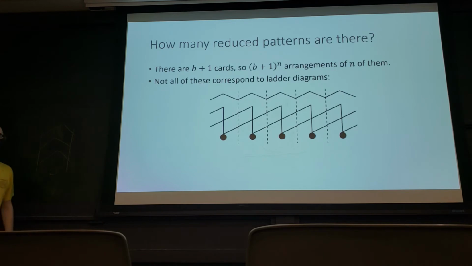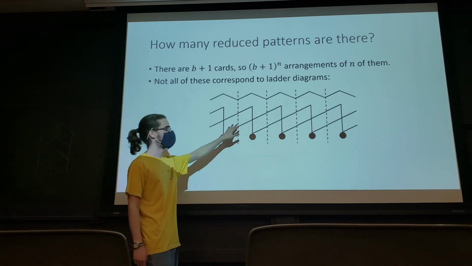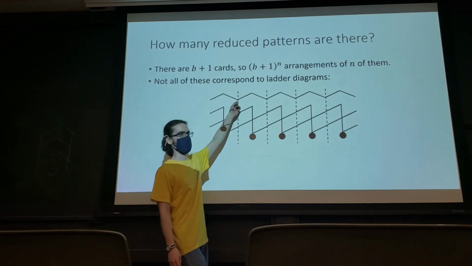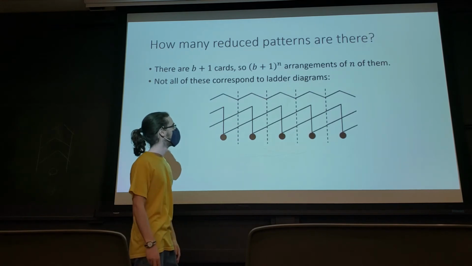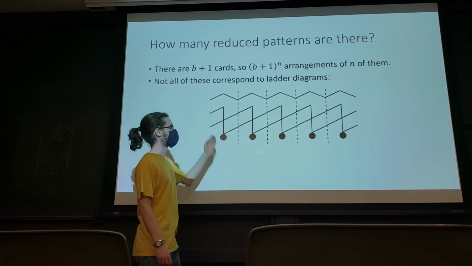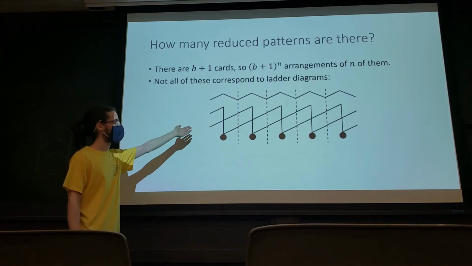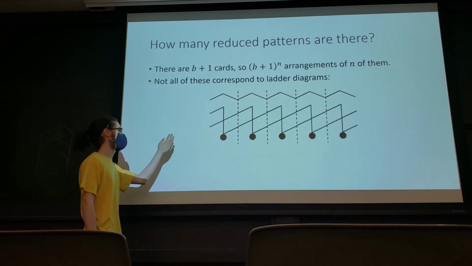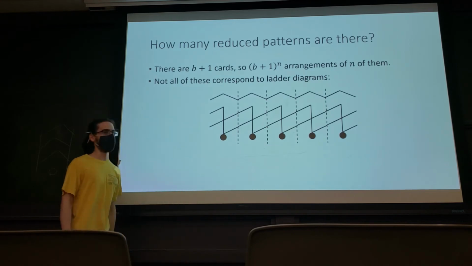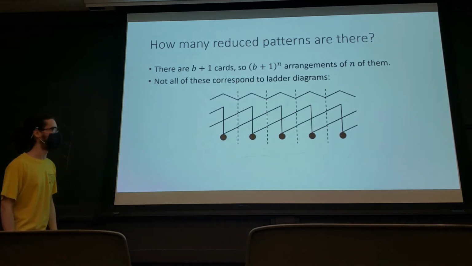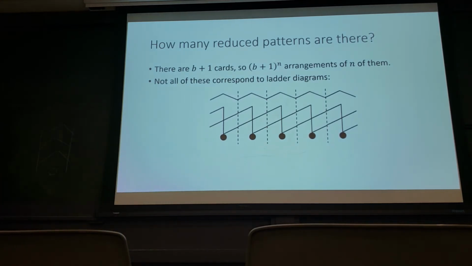Except there are some problems you can end up with. If we take one of these where the top ball doesn't fall all the way down, then we just have this ball floating up there the whole time, which is a problem. So this is not a ladder diagram, but it turns out if we just ignore all of the balls that never fall all the way down, or are never thrown and caught, then we do get a ladder diagram just for a smaller number of balls.